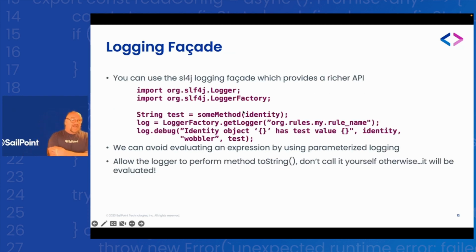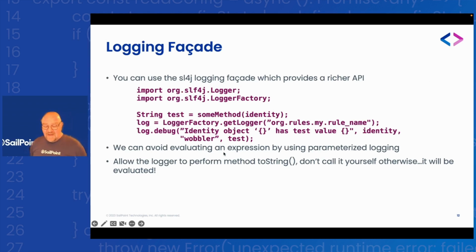So you can use a logging facade. SLF4J is bundled with IdentityIQ. And here you can use the facade to give a parameterized log debug entry. So you can see that I've got two curly brackets, identity object, test file. These two parameters are filled in by the objects which are passed later on.